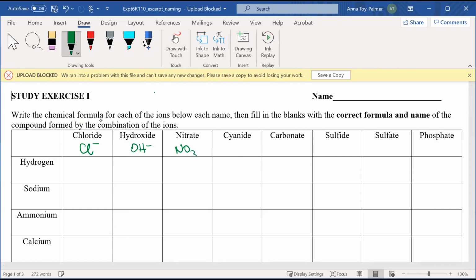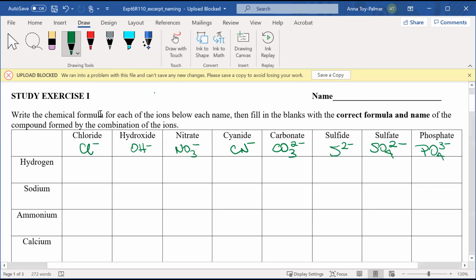So you're going to put in the formula for your anion and the charge: cyanide, carbonate, sulfide, sulfate, phosphate. Okay, and use that table that I gave you to help you fill that in.